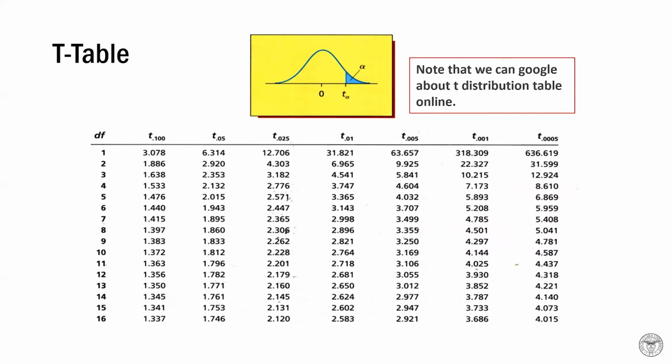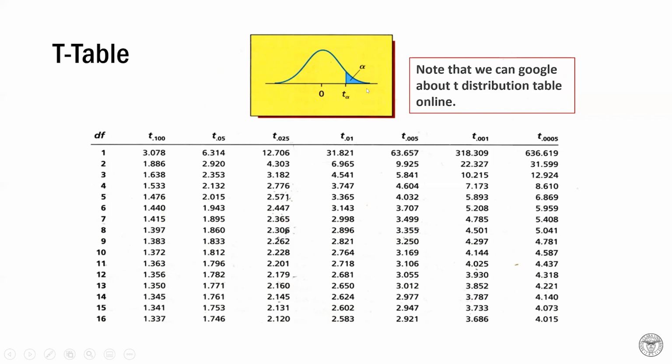Similar to the Z table, we have a T table as shown here. Suppose we know the probability of the right tail, say 0.025 or 2.5%.